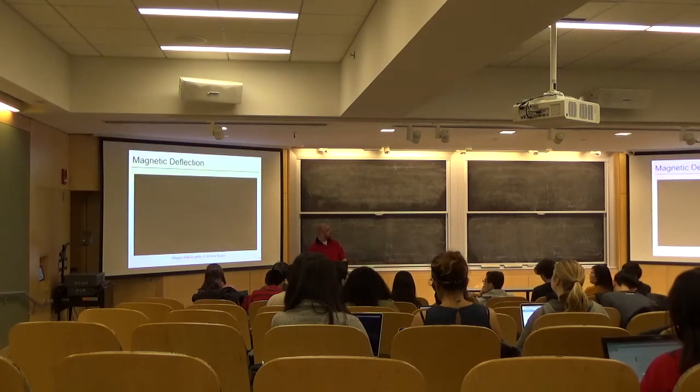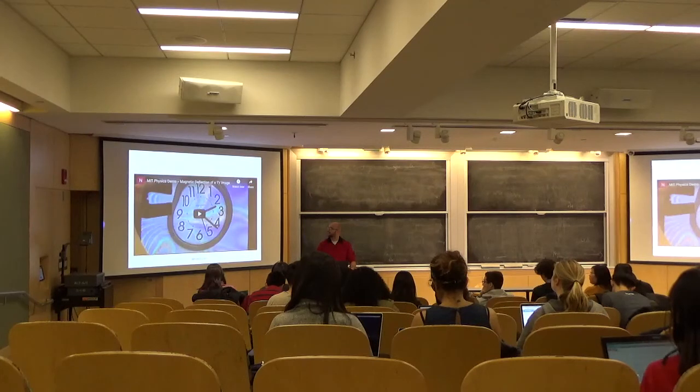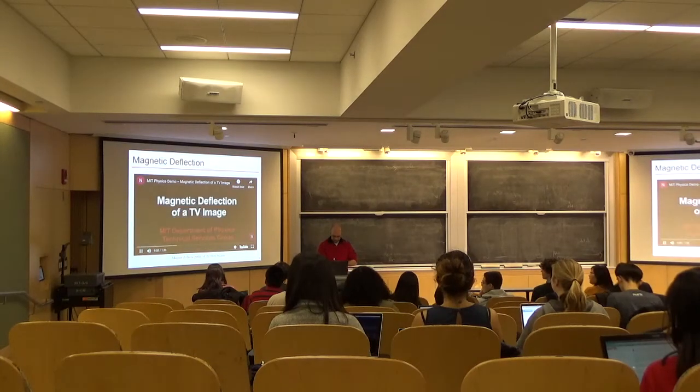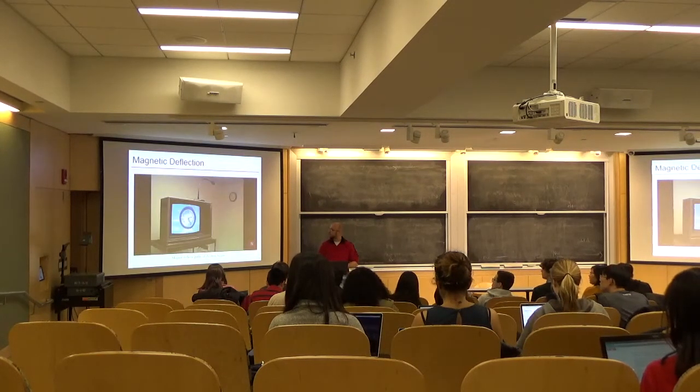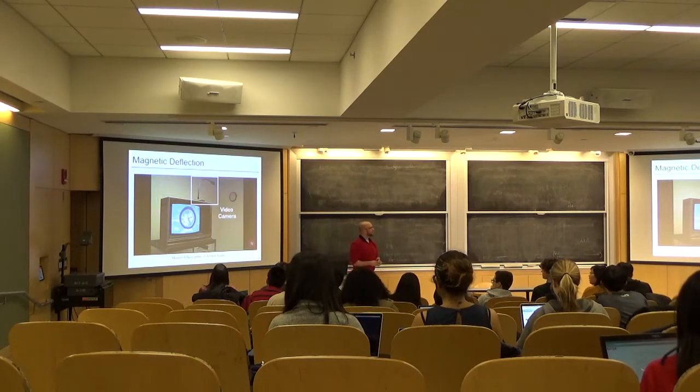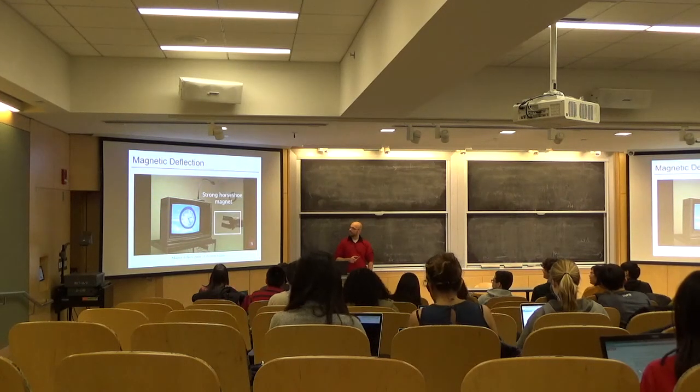So you can actually see that in some old experiments. Do not do this experiment with your laptop, but with an old TV you can. Let's see if there's some audio here. So here's an old CRT. For some reason I have it blocked with a magnet.